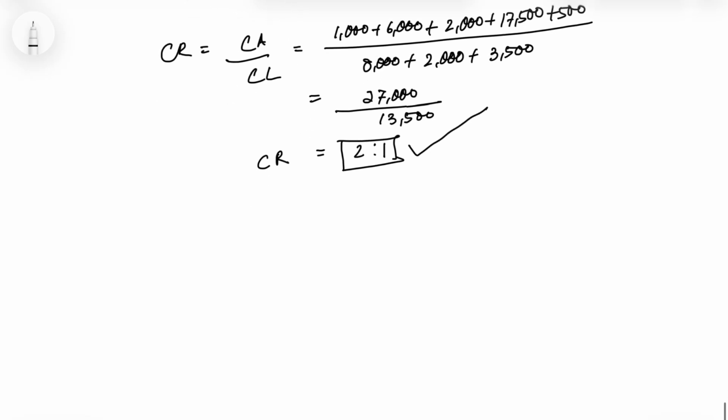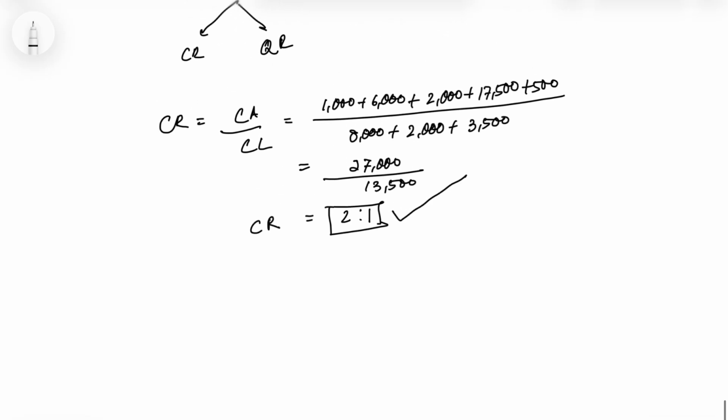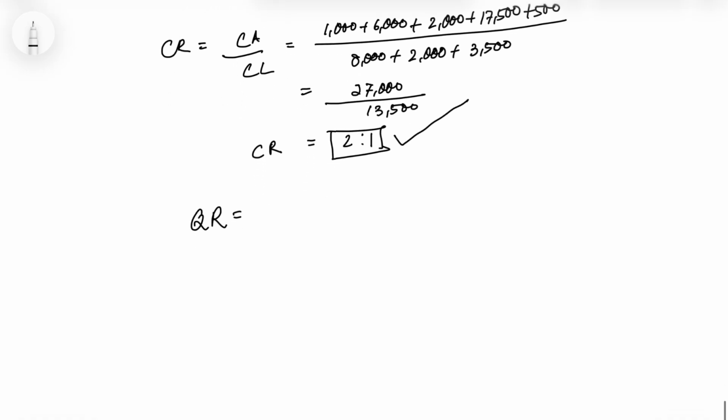Next, the quick ratio. The formula is quick assets divided by current liability.